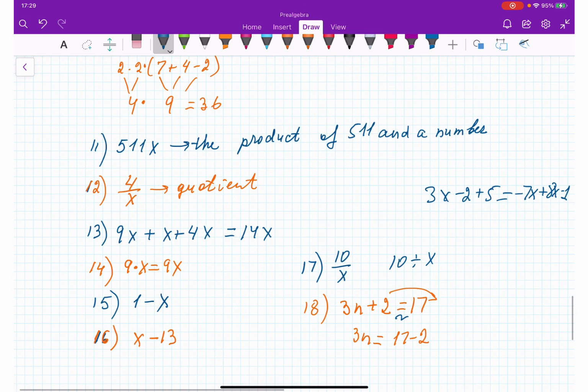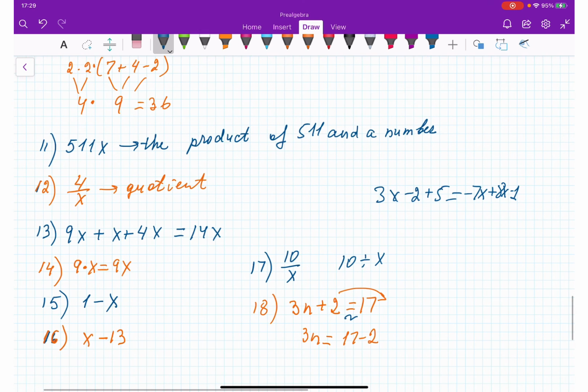I want to collect all x's on the left side of the equal sign and the constant terms on the right side. So 3x stays where it is. Negative 7x I'm moving here becomes positive 7x. Positive 8x I want to move here becomes negative 8x.